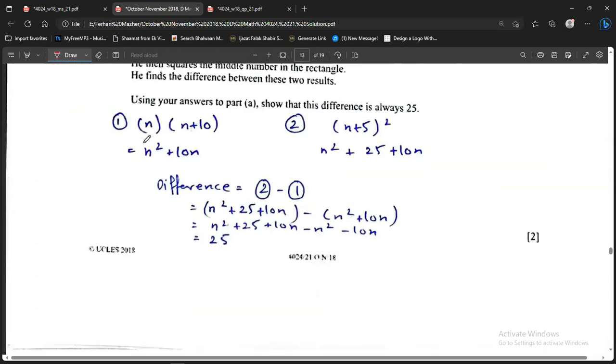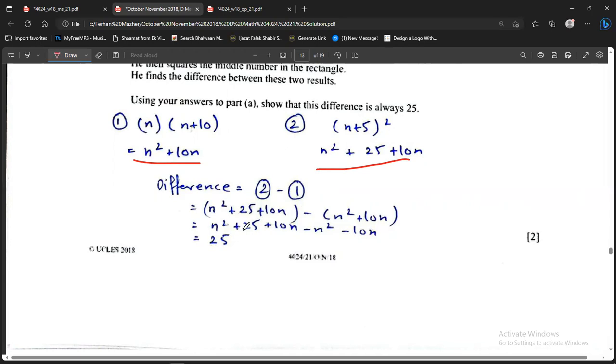So here we have n into (n plus 10), that is n squared plus 10n. (n plus 5) whole squared is n squared plus 25 plus 10n. So from this, I will subtract this. So n squared plus 25 plus 10n minus, bracket start, n squared plus 10n, bracket close.